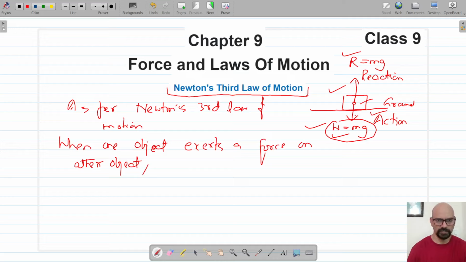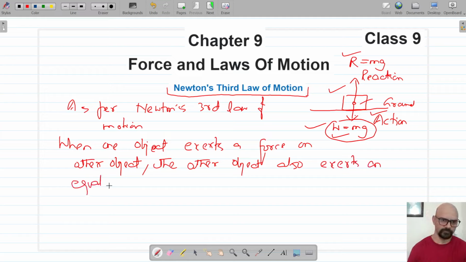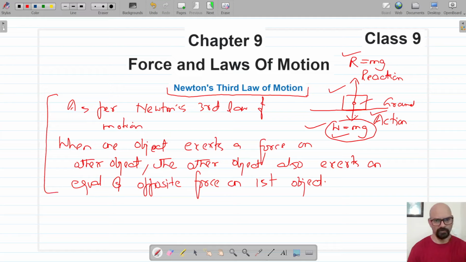Now in turn, the other object also exerts an equal and opposite force on the first object. So this is Newton's third law of motion.